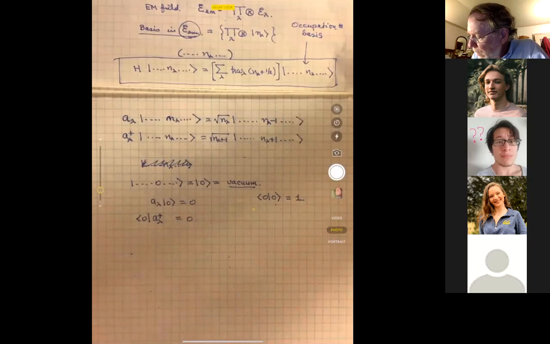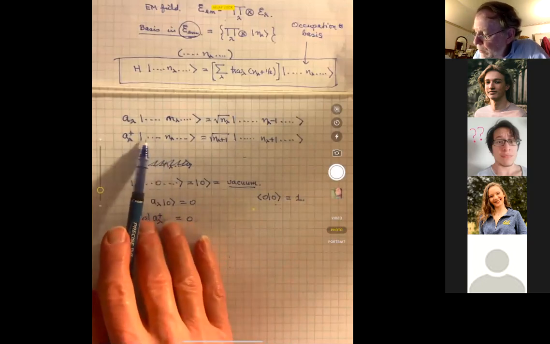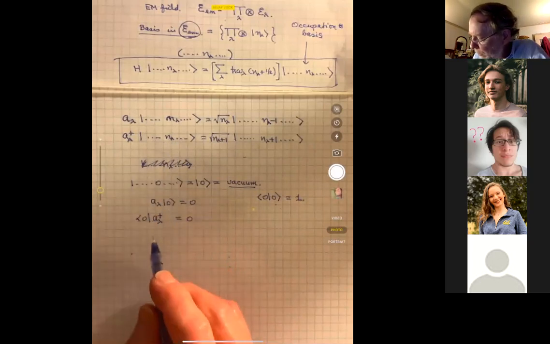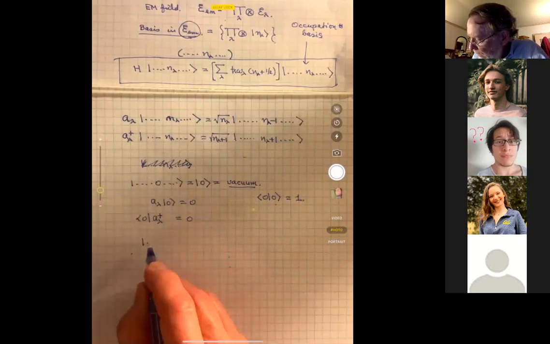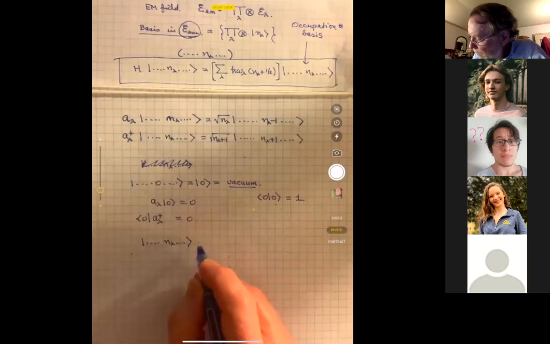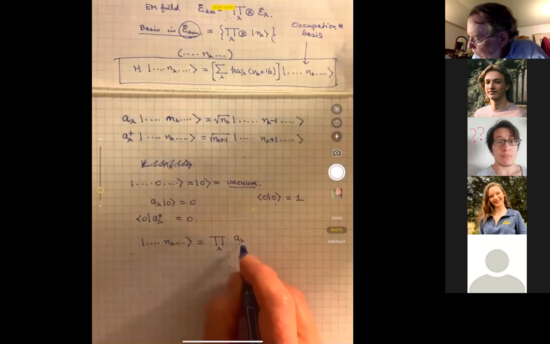Now, okay, so that's the vacuum, and given the vacuum, we can build up these states that have non-zero occupation numbers by applying creation operators to the vacuum. In fact, the formula is this: if I've got this string of occupation numbers which are non-zero, we can write this by taking the product over all the modes of the creation operator a_λ dagger, raised to the n_λ power.